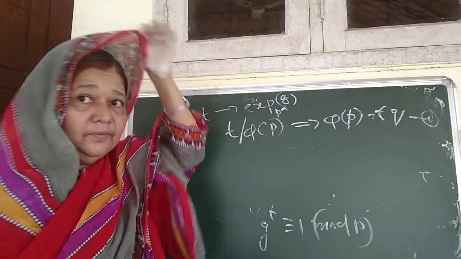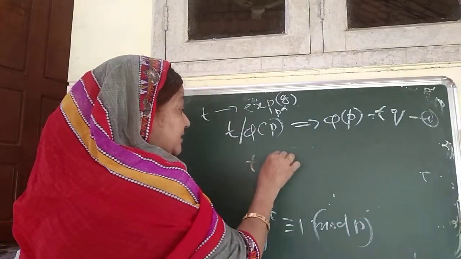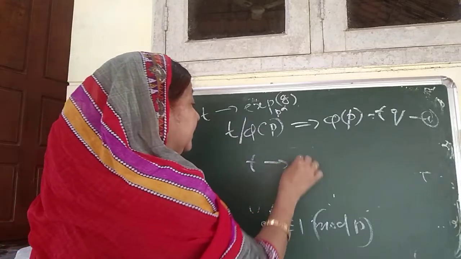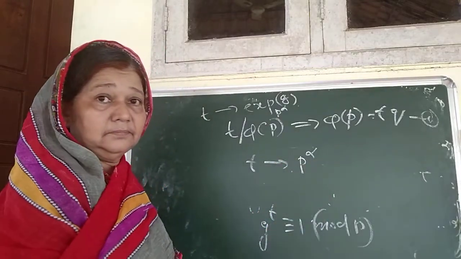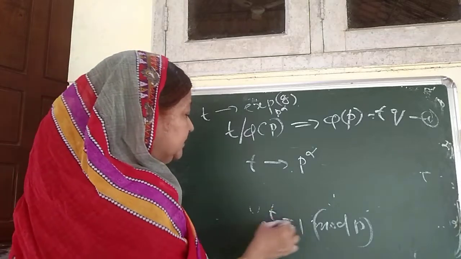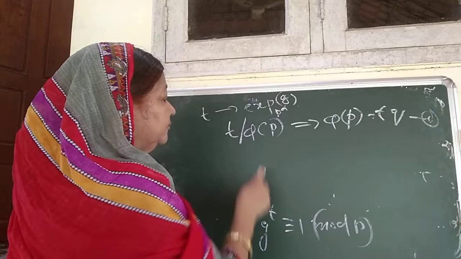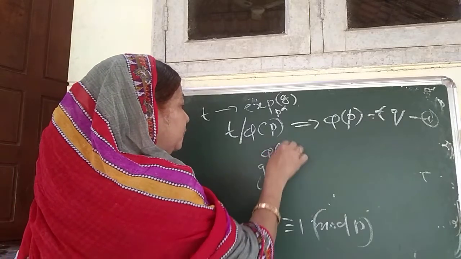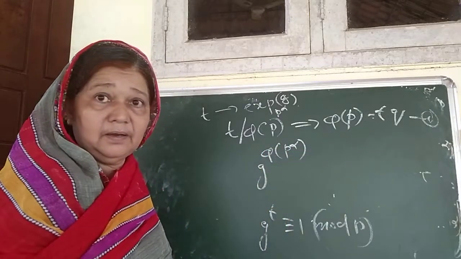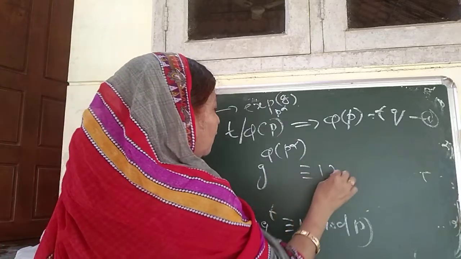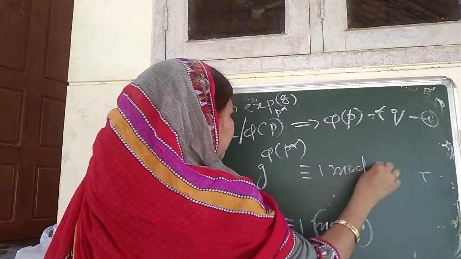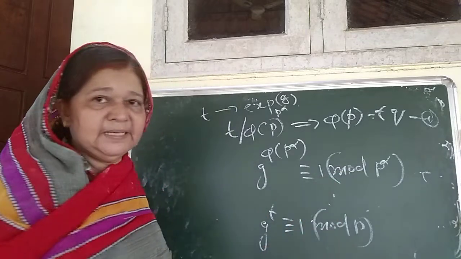But we know t is the exponent of p raised to alpha. Therefore, g raised to phi of p raised to alpha is congruent to 1 mod p raised to alpha by Euler's-Fermat's theorem.